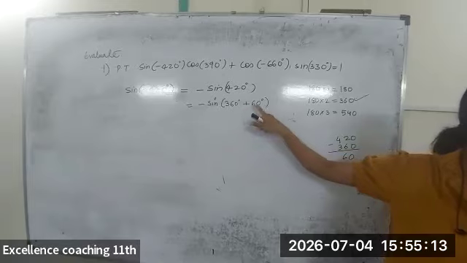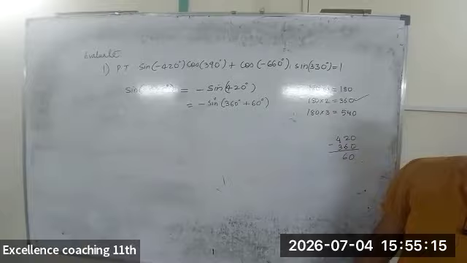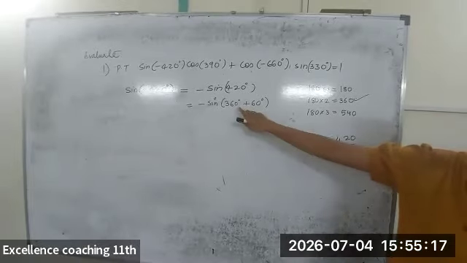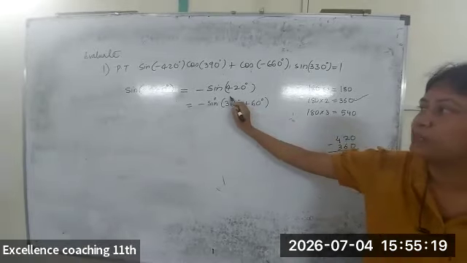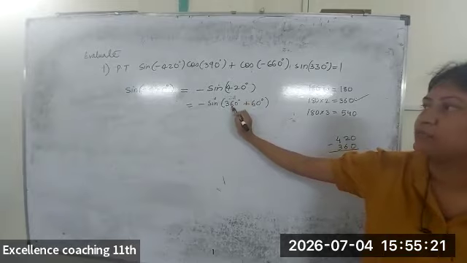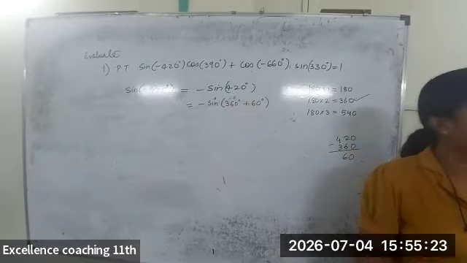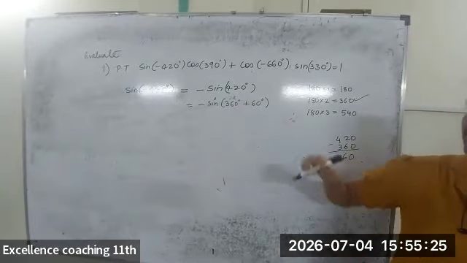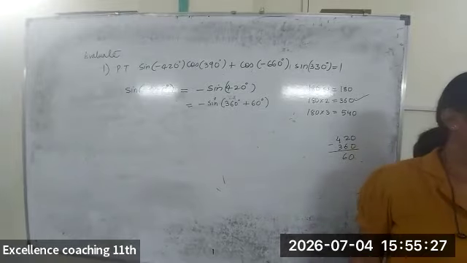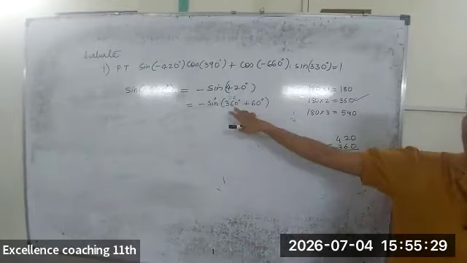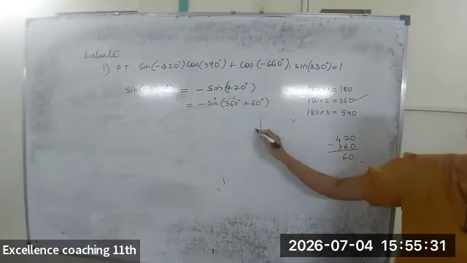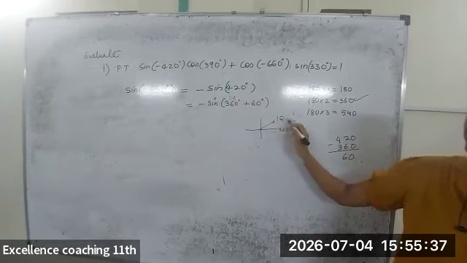Understood this part, the splitting of the angle. Now check which quadrant this belongs to. If you want, you can simply put it as 2 pi plus pi by 3, because 360 is 2 pi. You can also directly check which quadrant this belongs to. 360 is over here. Plus 60 will go to the first quadrant.